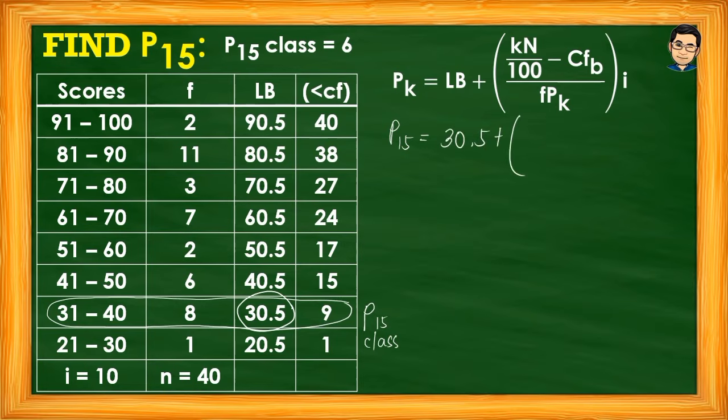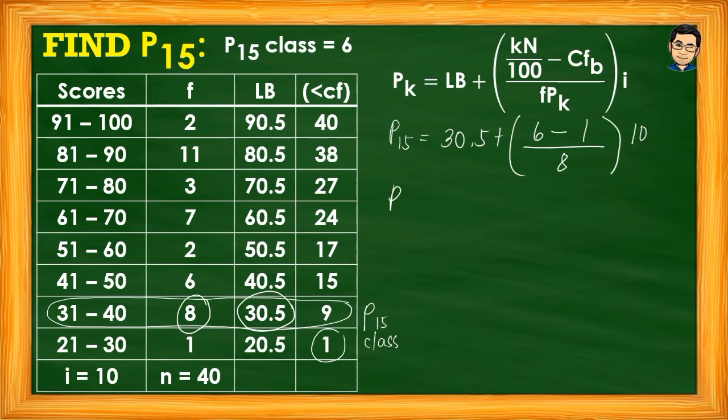Plus, Kn over 100, yung nakuha natin is 6. Minus, the cumulative frequency before the P sub 15 class, yung nasa ibaba ng 9, that is 1. And then, yung frequency ng percentile 15 class natin is 8. So, 8 ang ating kukunin. And then, yung ating interval is 10. Ayan. So, naka-substitute na po lahat ng data na kailangan natin.